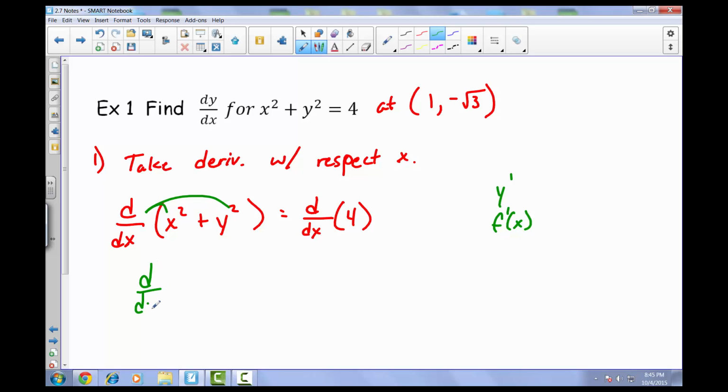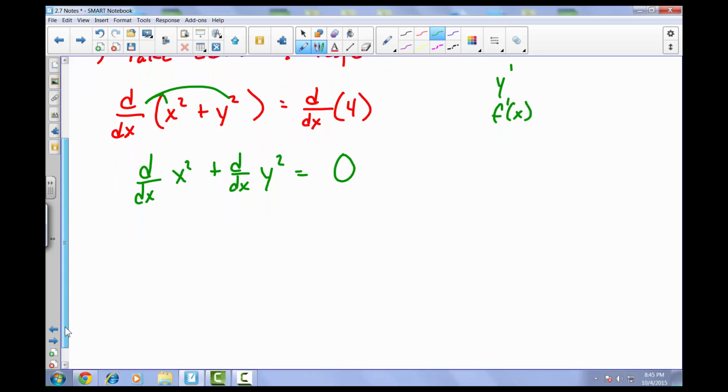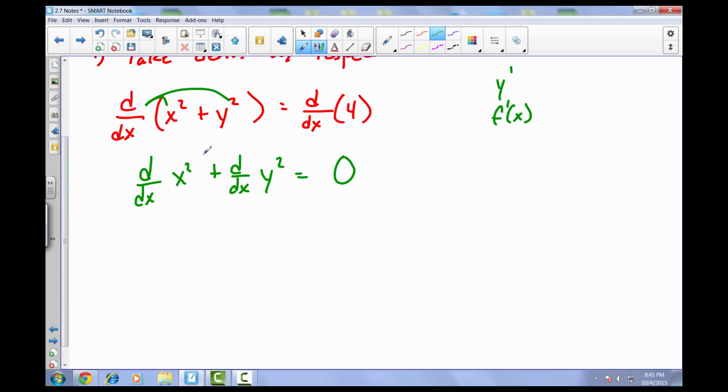So we have the derivative with respect to x of x squared plus the derivative with respect to x of y squared is equal to the derivative with respect to x of this constant 4, which will just come out to be 0. Now, when we're looking at this first derivative, believe it or not, there is in fact an embedded chain rule happening here.